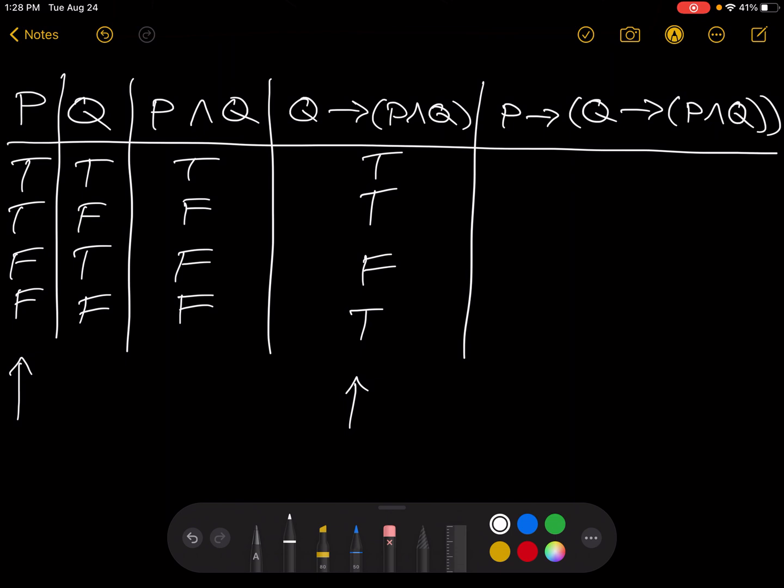Let's see, the only chance for this final column to have a false is when we have true for P. So looking here and here. And if we have true there, the only way that we can get false is if we have false here or here. And we don't have false there, right? So then we must have true, true, true, true.